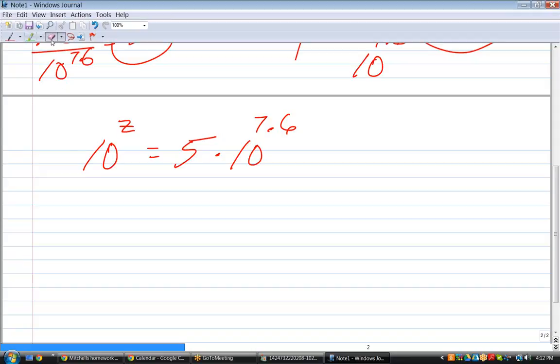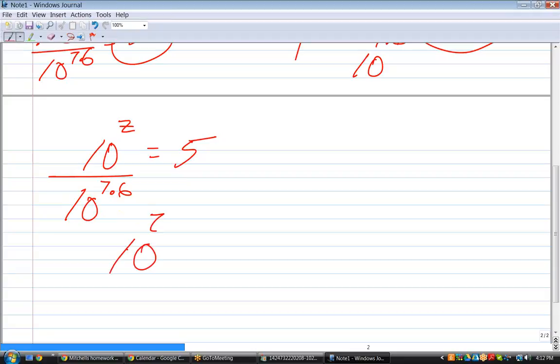If I take that back over to there, instead of moving it there, now 10 to the z divided by 10 to the 7.6 is 10 to the z minus 7.6, and that's what has to equal 5.